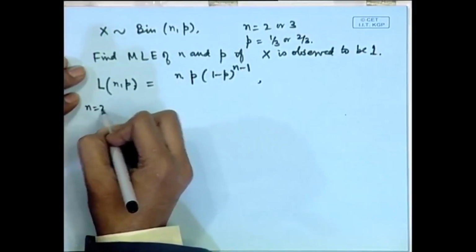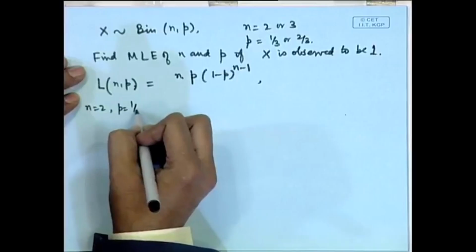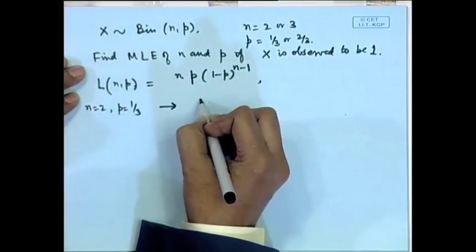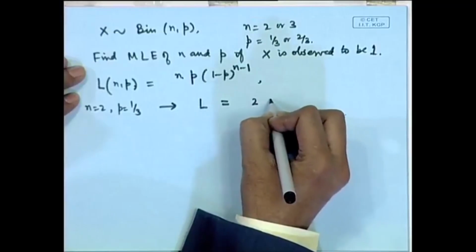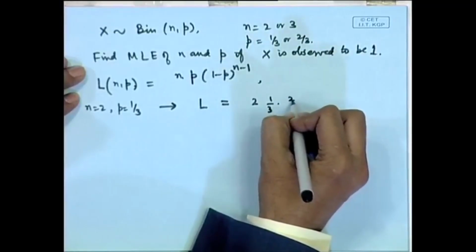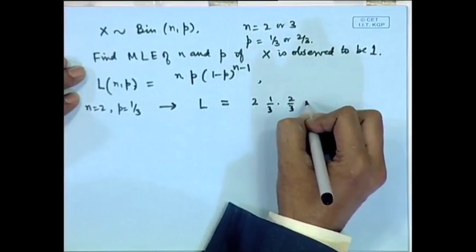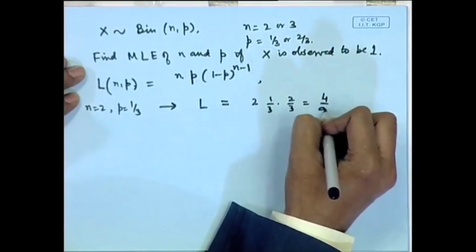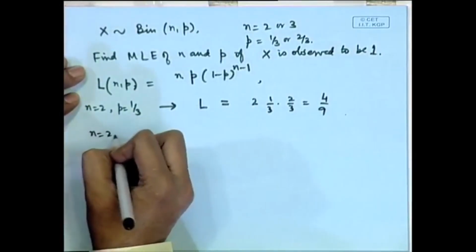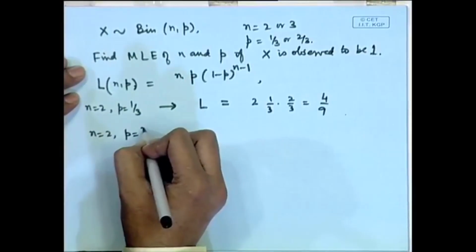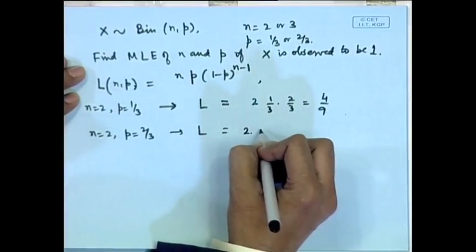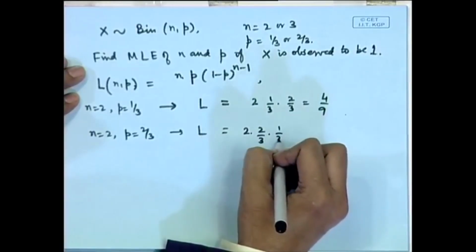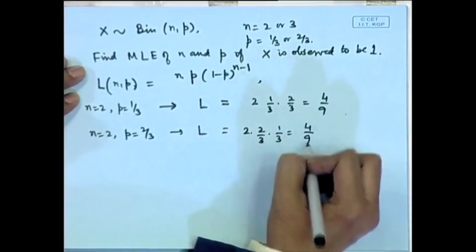When n is equal to 2, p is equal to 1/3, the likelihood function is equal to 2 times 1/3 into 2/3, that is equal to 4/9. When n is equal to 2 and p is equal to 2/3, the likelihood function value turns out to be 2 times 2/3 times 1/3, that is again 4/9.